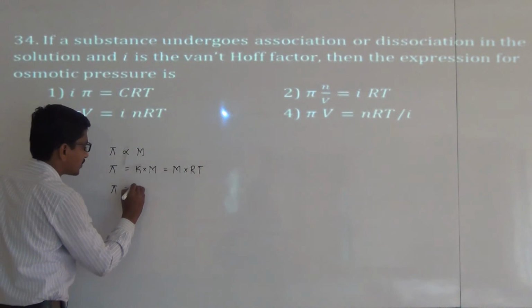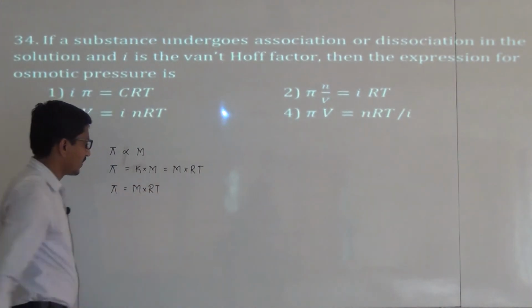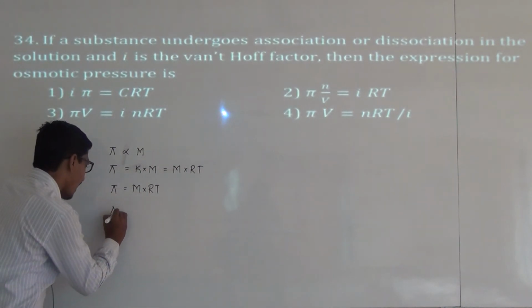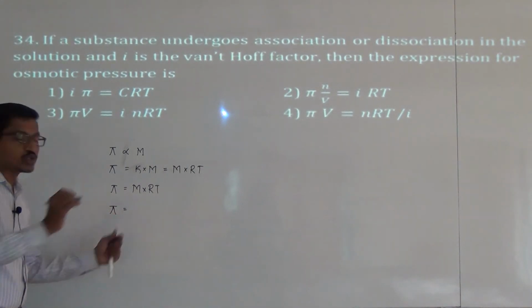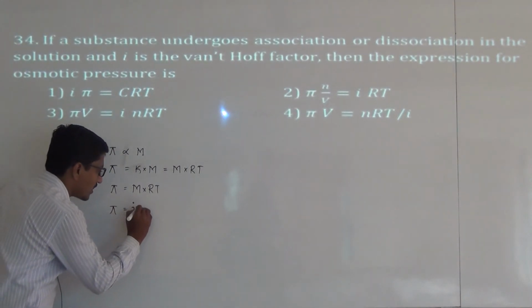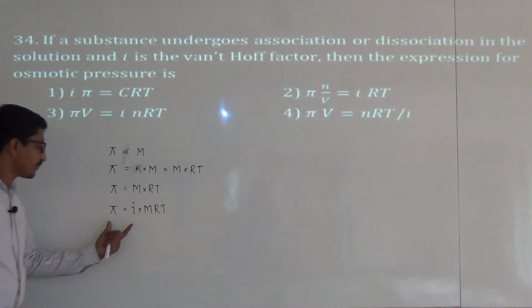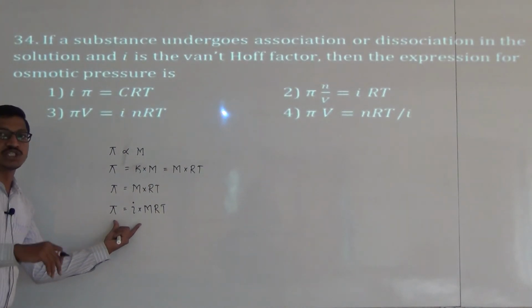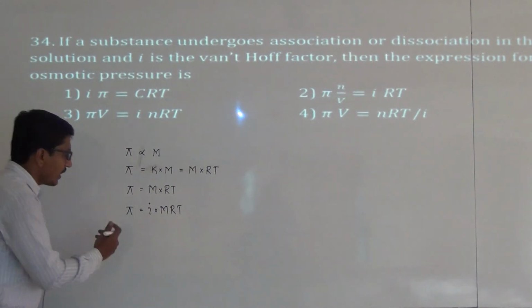This is the normal expression for osmotic pressure of the solution. If the solute is associated or dissociated in the solution, the expression is modified by introducing van't Hoff factor, that is i into M into RT. This is the expression if the solute undergoes association or dissociation in the solution.